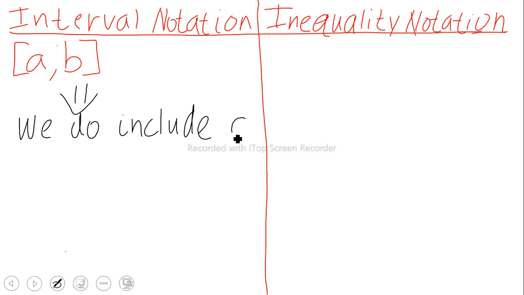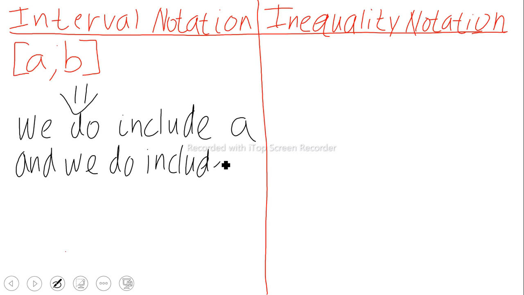So we do include A, and we do include B. Now you may be wondering, what does A mean? What does B mean? Well, A represents any number and B represents any number. So here we are saying, include A and include B.